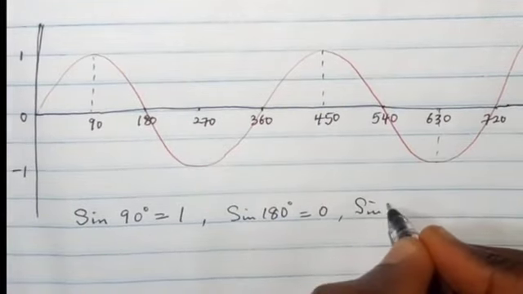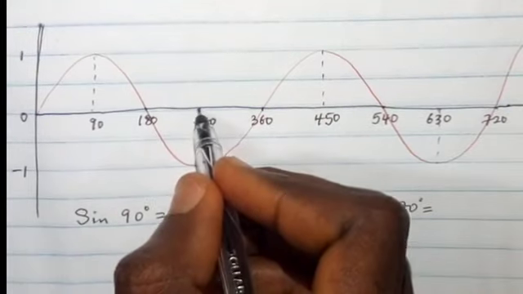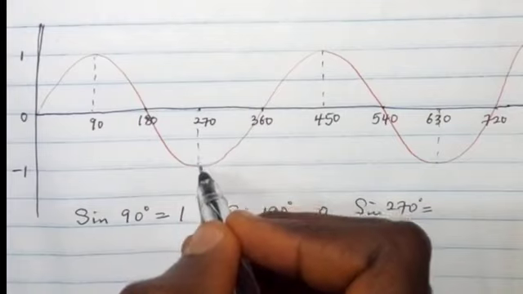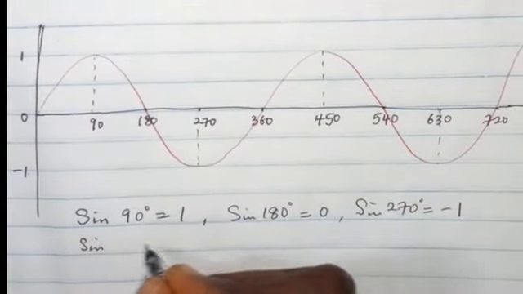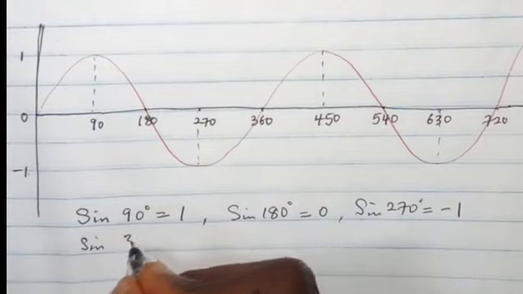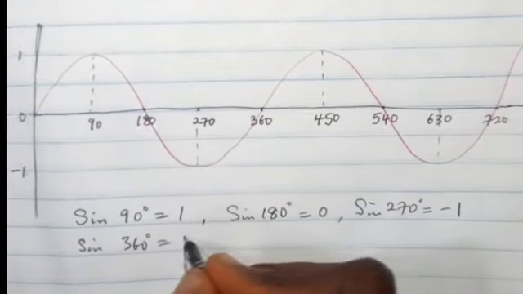Sine 270 degree is on the lower amplitude, so we have -1. Now sine 360 is on the line, so it is 0.